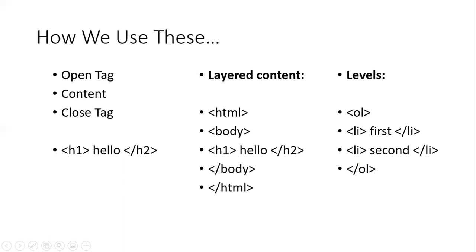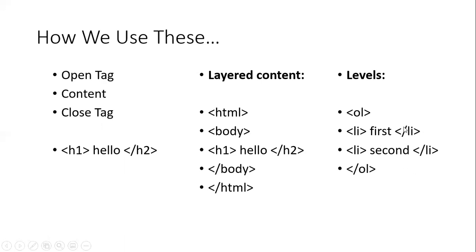But within the ordered list, you need to be able to tell it what you want at each point. An ordered list is a numbered list. So you want to say, this is what we want for point 1, this is for point 2, and so on. To do that, you tell it you want list items: LI, close LI. So I want to print first for number 1, second for number 2.